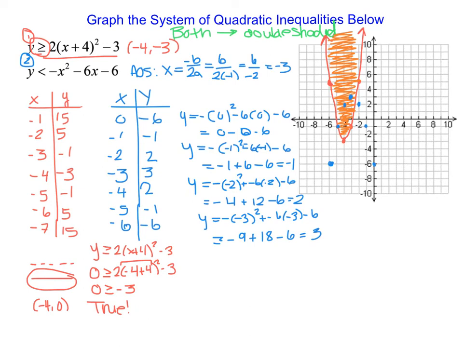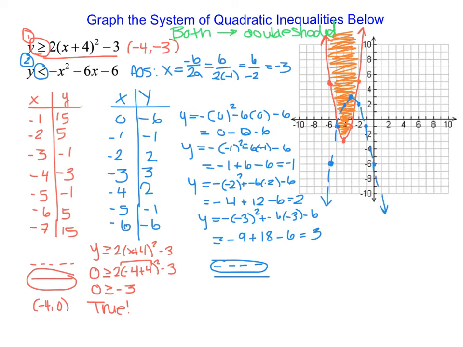Then from here, I need to decide if I have a dotted line or a solid line. And if I look at my inequality, I notice that it doesn't have an equal to. So this is going to have a dotted line. So I can draw that in there.